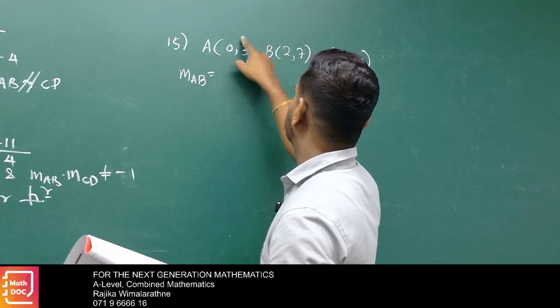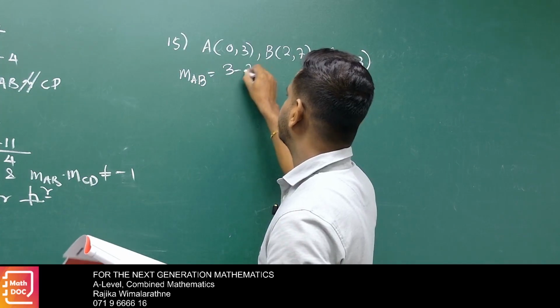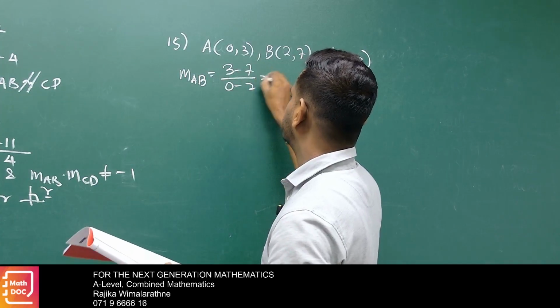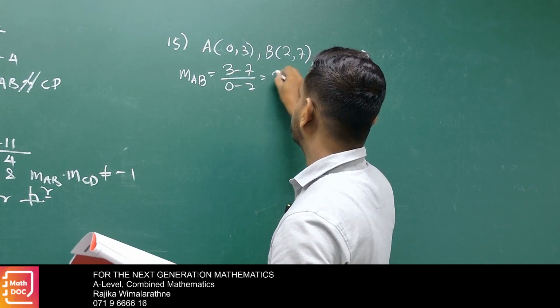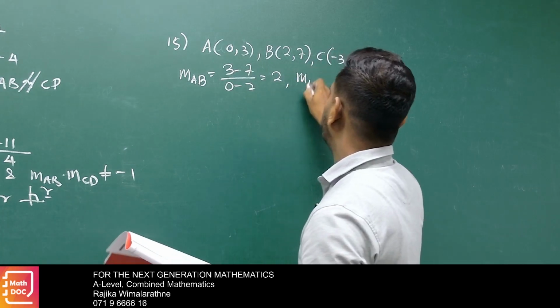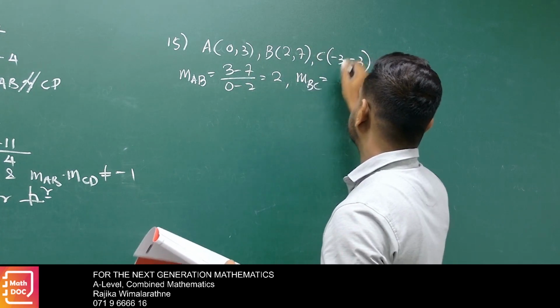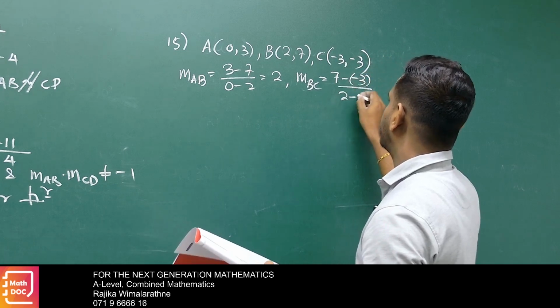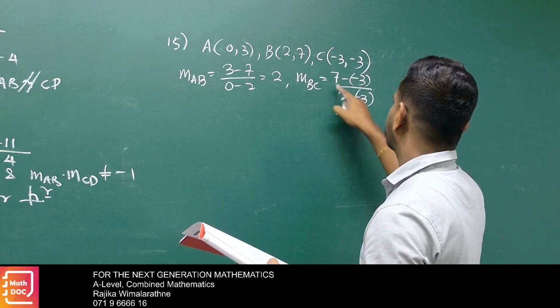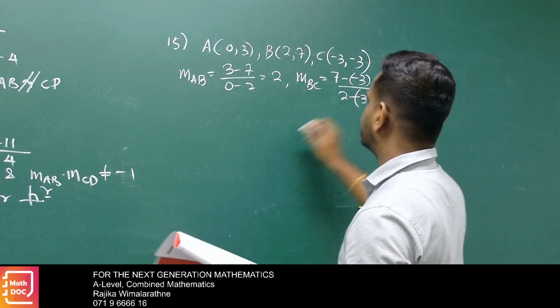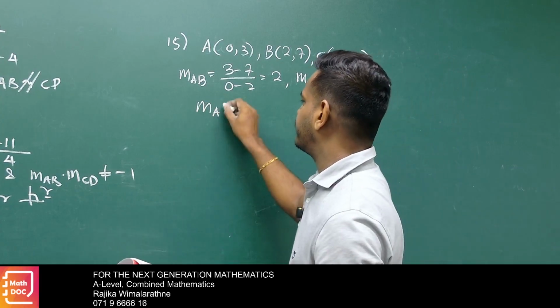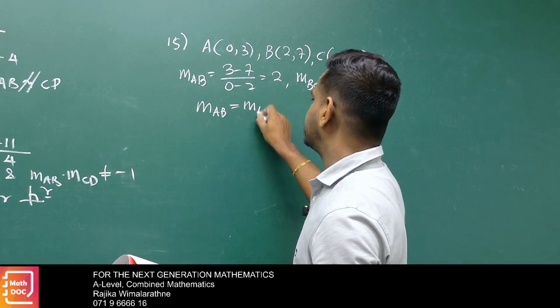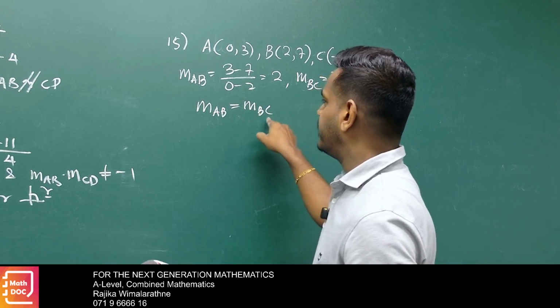MAB: 3 minus 7 over 0 minus 2, which is -4 over -2, which is 2. MBC: 7 minus -3 over 2 minus -3, which is 10 over 5, which is 2. Then MAB equals MBC, so AB is parallel to BC.